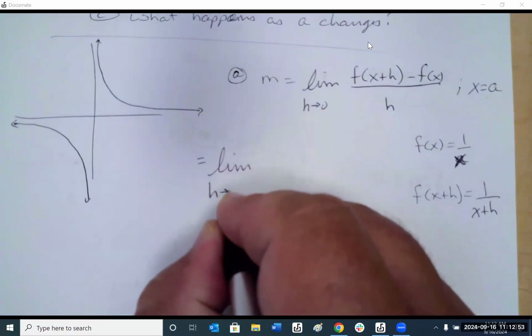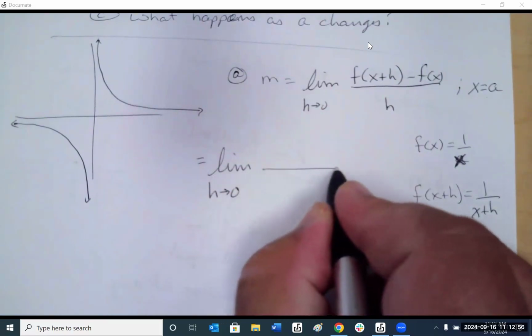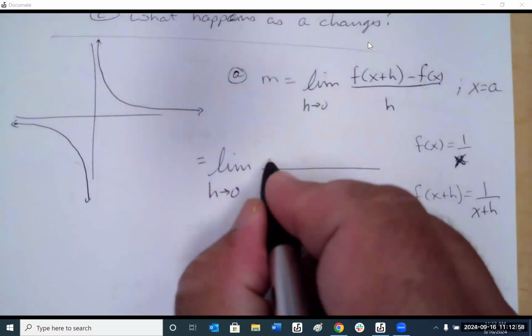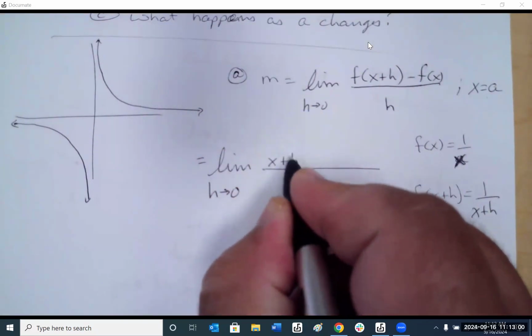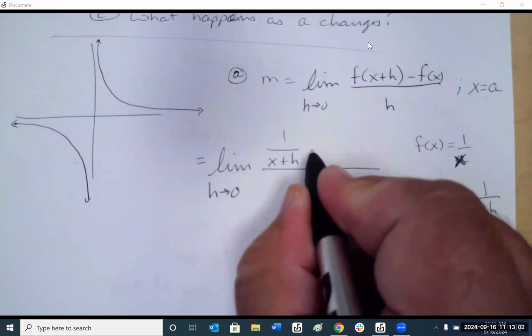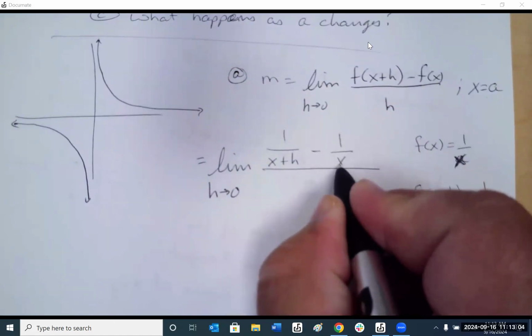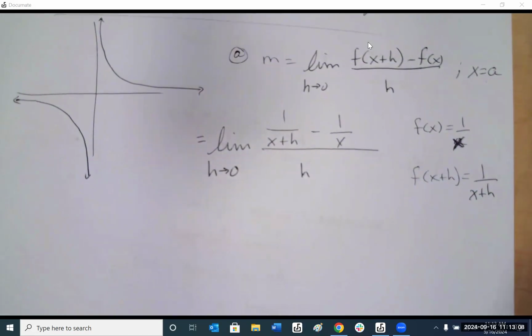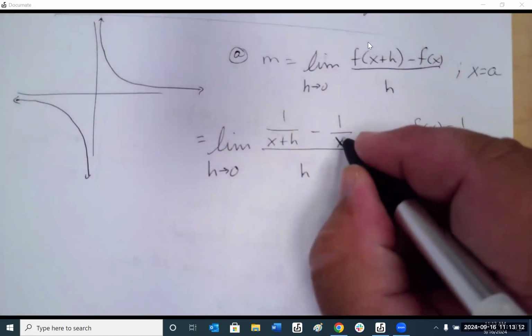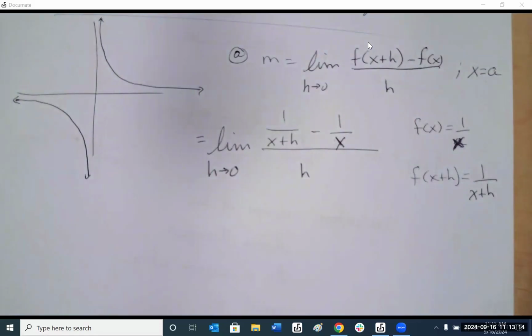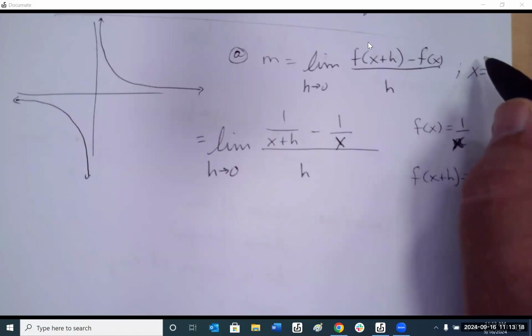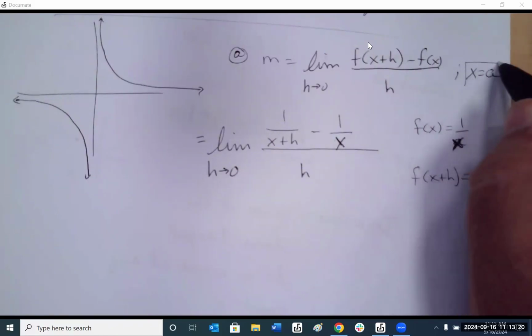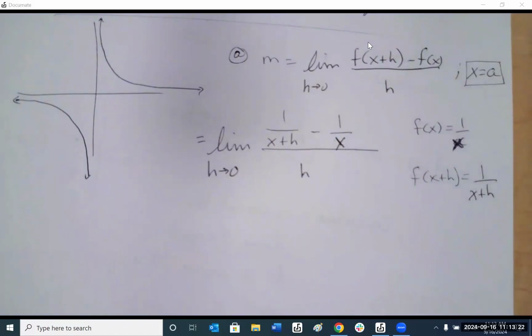The limit as h goes to 0 of 1 over x plus h minus 1 over x, over h. Then it's saying when x equals a.